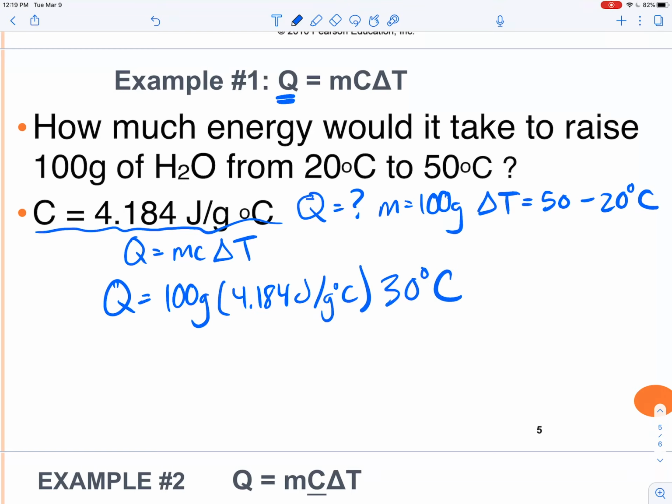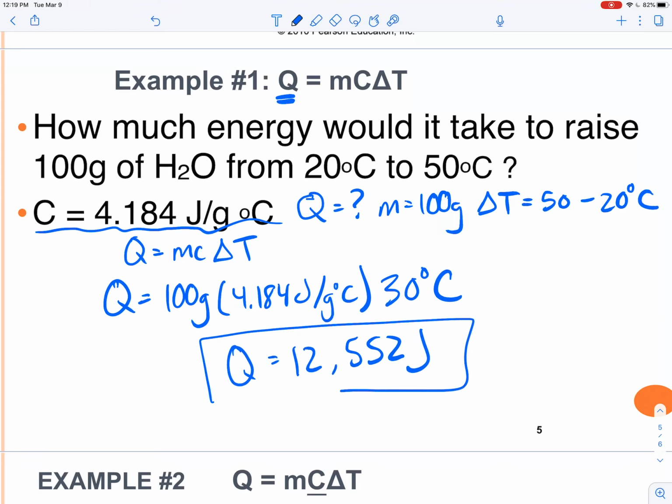So I punch all of that into my calculator, and I get 12,552 joules of energy. Notice the grams cancel out, and the Celsius also cancels out. Okay, so if you're solving for energy, you're going to get an answer in joules. Simply multiply 3 numbers together.